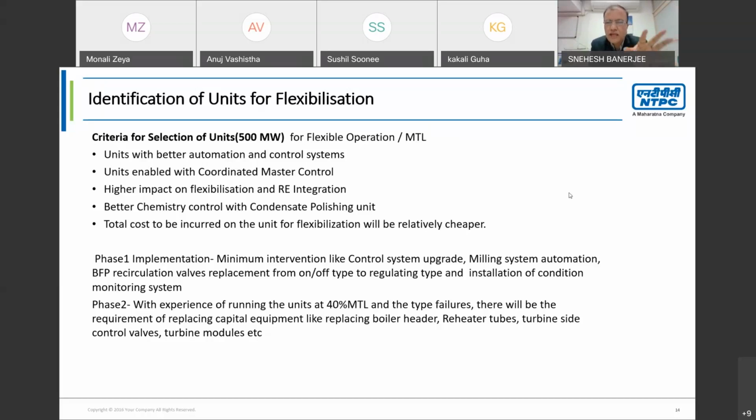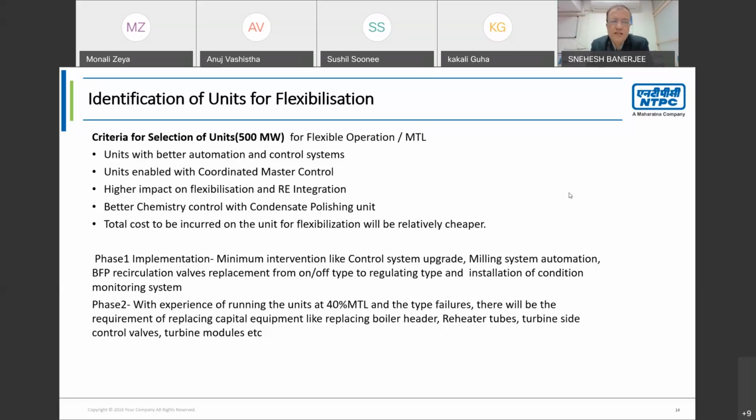So with all those low-hanging fruits, we can introduce flexibilization, but if we have to sustain it over a period of time, say 10 or 15 years down the line, then we have to think of some retrofit depending upon the intensity of flexibilization the particular units are subjected to. Based on that, we can go in for a replacement of headers or reheater tubes or turbine control valves or modules in a longer time perspective.